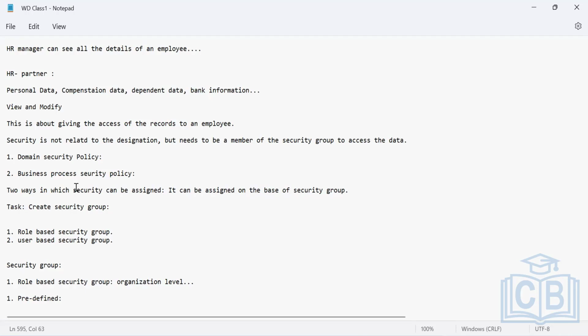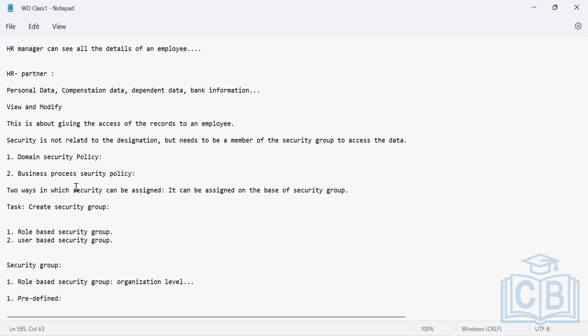They will be able to perform those activities where the permission has been defined in the security group. Did you understand the concept? This is the most important concept of Workday security, and this is followed everywhere. You cannot forget it. Did everyone understand? First of all, understand that the permissions are given on security groups.